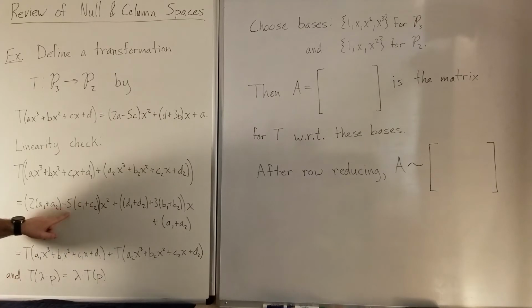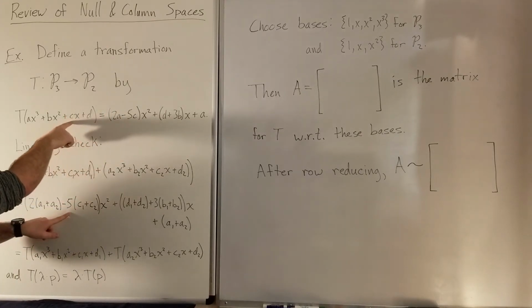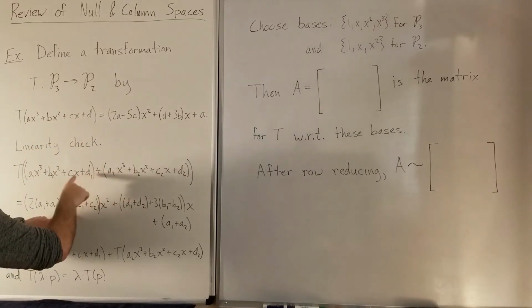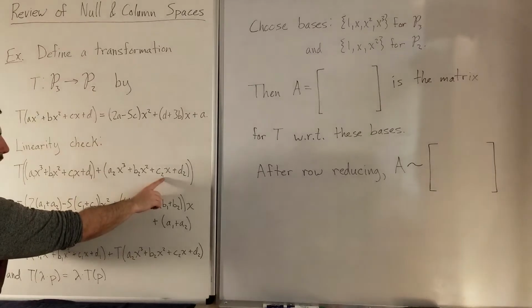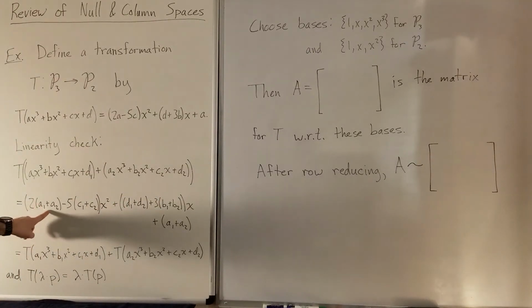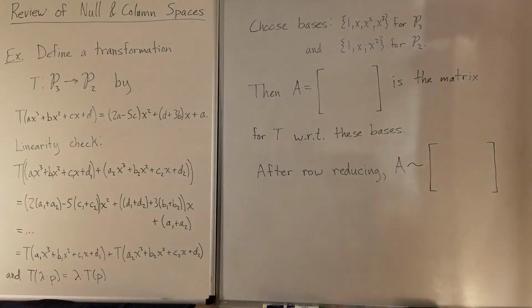Okay, then we want to subtract off 5 times the coefficient of the x term, so the linear coefficient, and the linear coefficient for this sum here is c1 plus c2. Okay, so 2 times the cubic coefficient minus 5 times the linear coefficient, that's how many x squareds you have, and then similar for the rest of this.